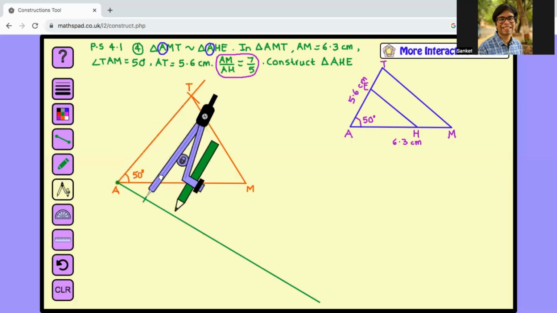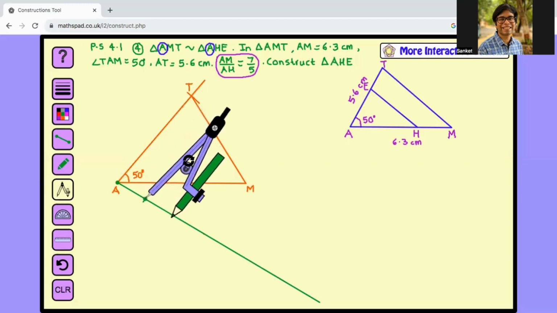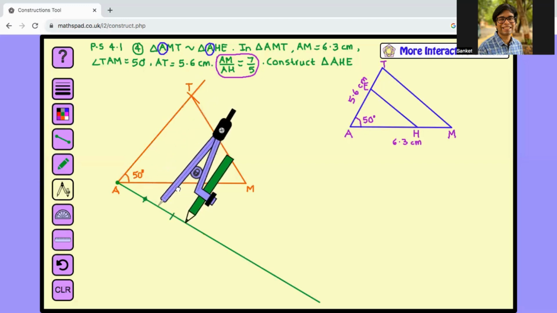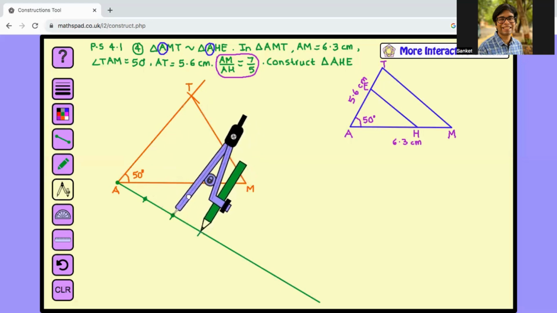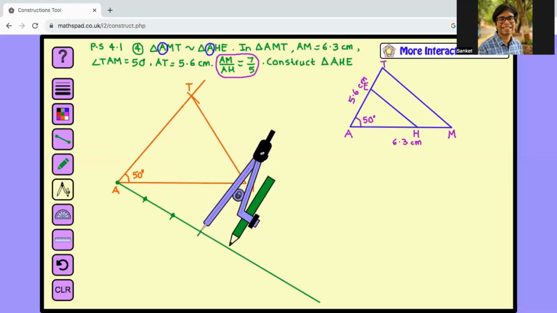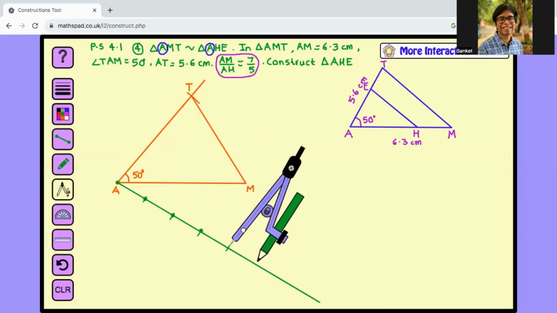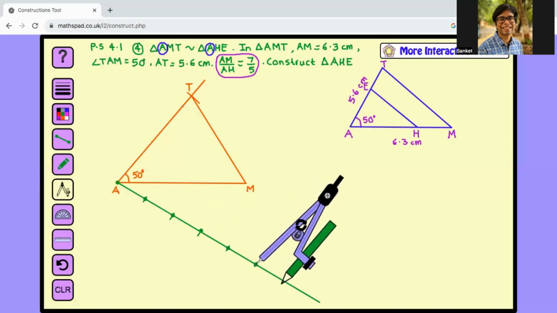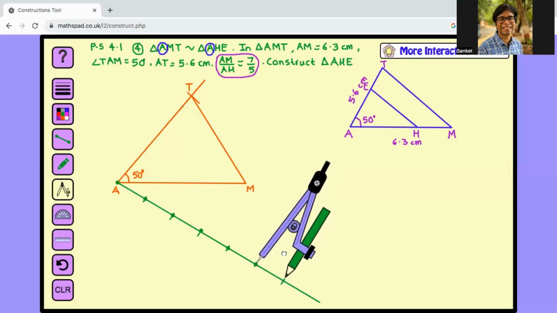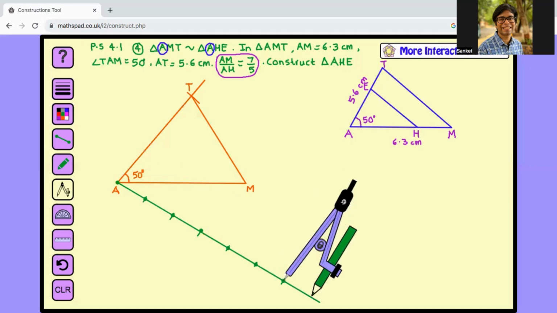First mark, second, third, fourth, fifth, sixth, and seventh.